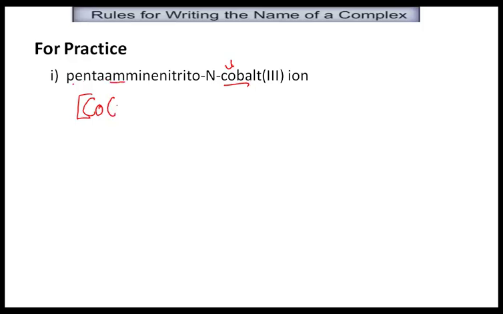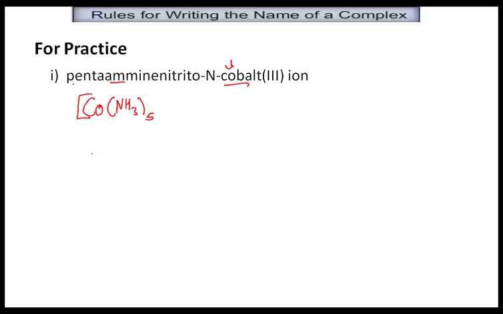So I am going to write within parentheses, because whenever there are 2 types of ligands in the complex, we write in parentheses how many times. 5 times. So NH3, amine, is written 5 times within parentheses. And then it's nitrito-N. Now nitrito-N is an interesting factor.